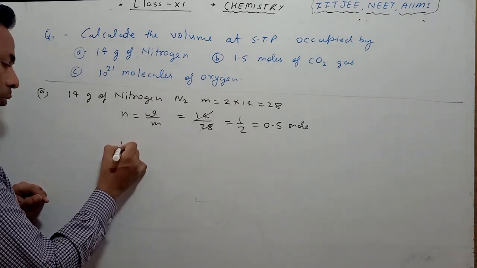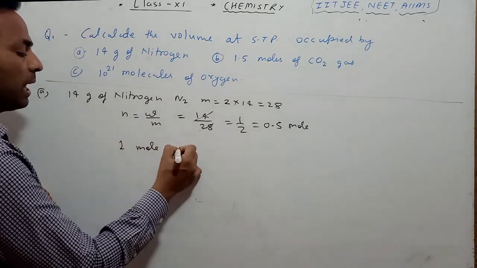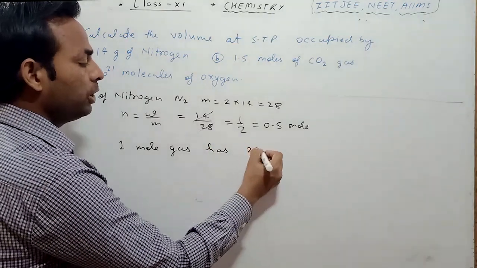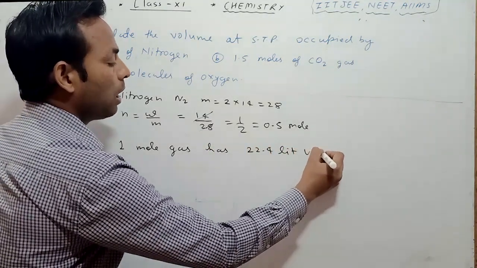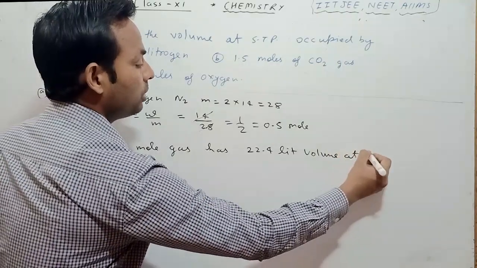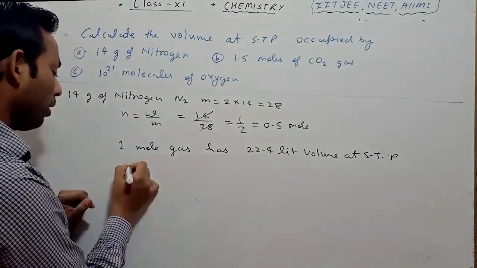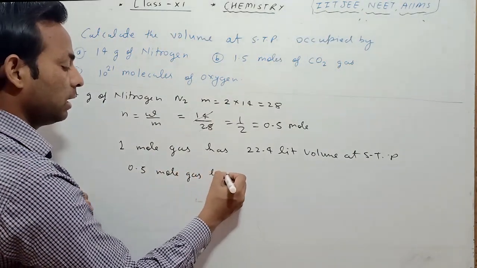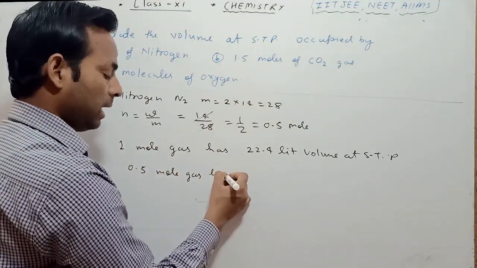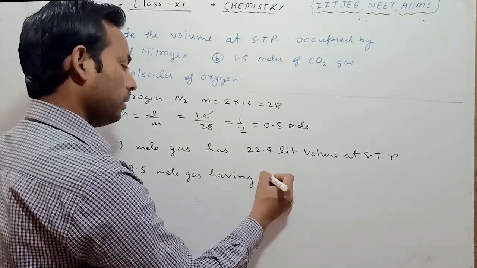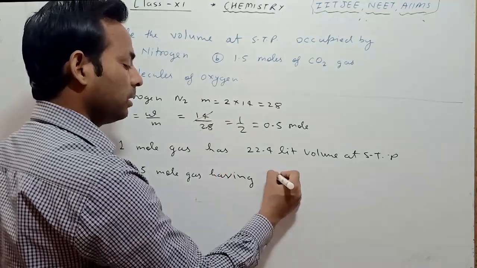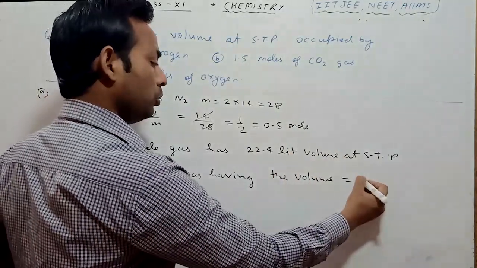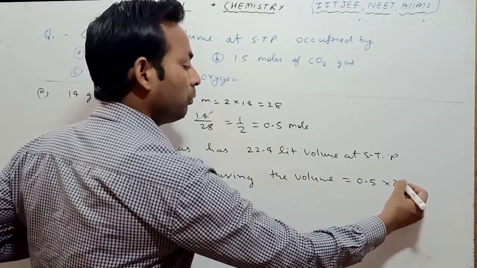We know 1 mole gas has 22.4 liter volume at STP. So 0.5 mole gas has total volume equal to 0.5 into 22.4.